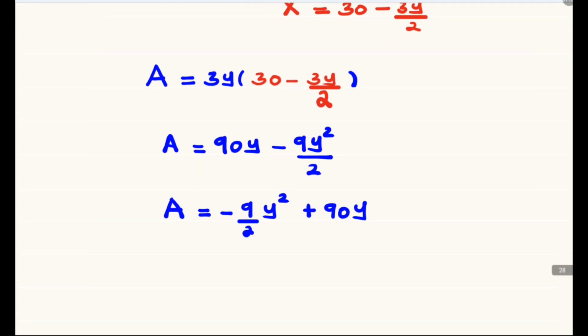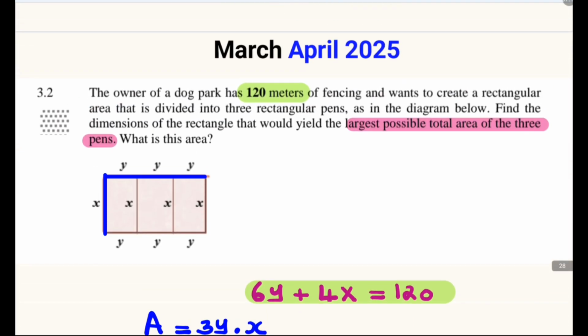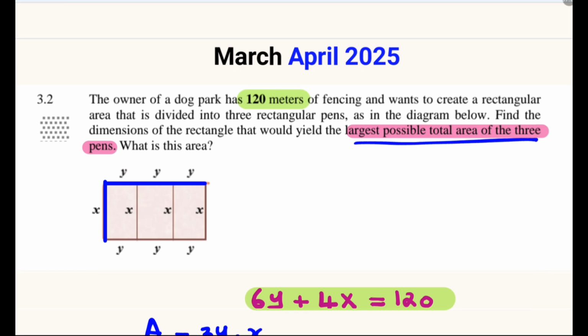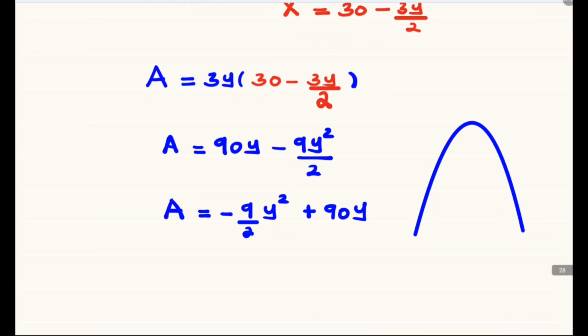So this is a parabola, so let's just draw the graph. We are looking for the maximum, the largest possible total area, and the dimensions for that. It will happen at the turning point. Either we differentiate, or we can use the formula y is equal to negative b divided by 2a to determine the turning point. Where there is b, we substitute the 90.